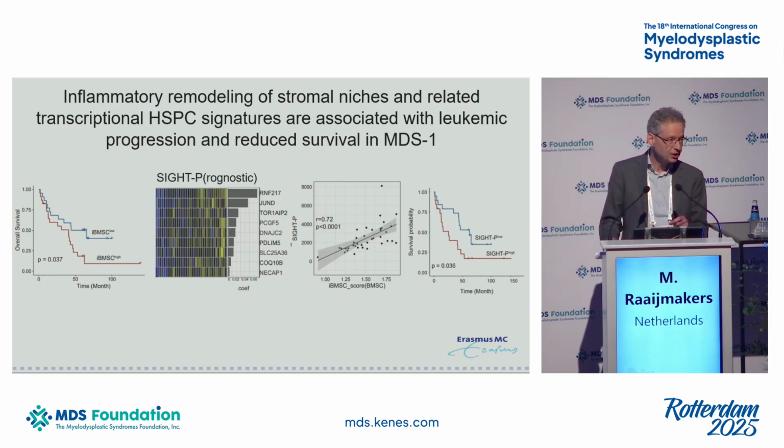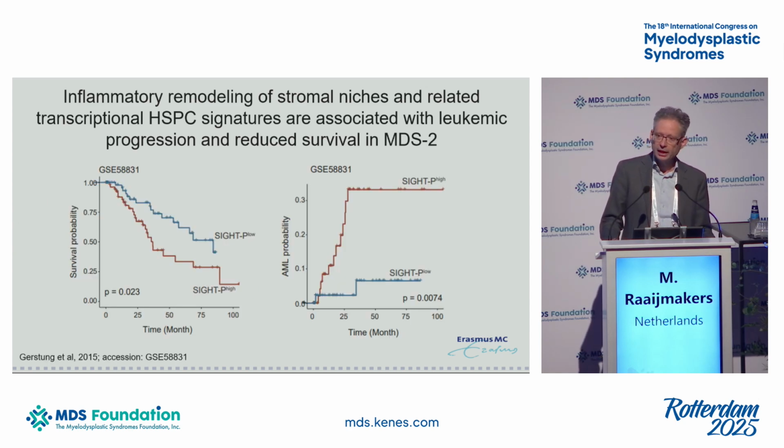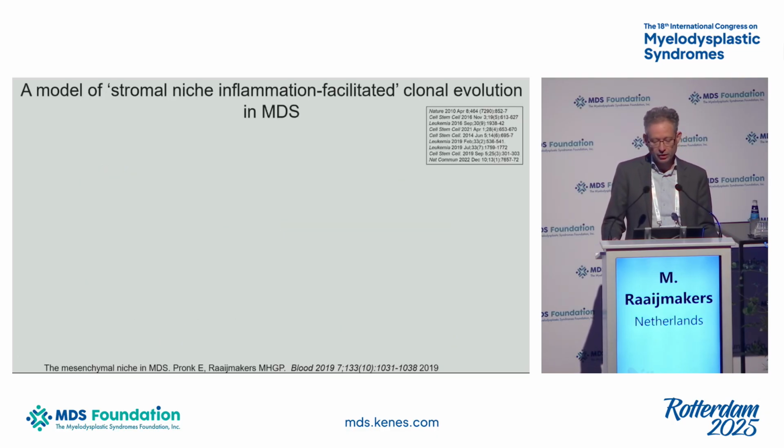But this hematopoietic signature allows us to look at other independent cohorts, and this is one of them, confirming that inflammation in hematopoietic cells that can be induced by stromal cells is related to outcome, and in this cohort quite strongly to leukemic progression.